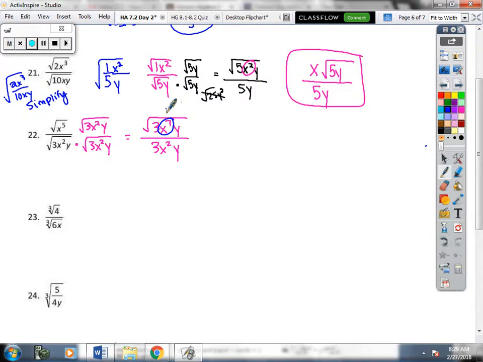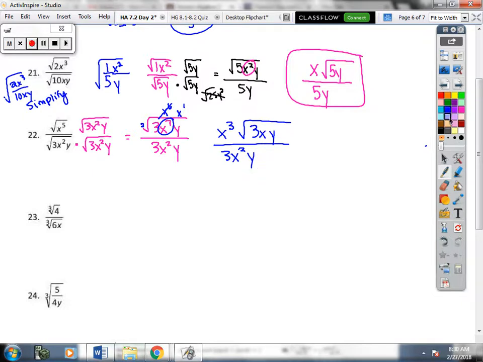So I can break that into x to the 6th and x to the 1st. And again, I'm doing that because my index is 2, and I need to divide by my index to get what I have. So I'm going to do 6 divided by 2, which is x cubed. Everything else will stay the same, and inside I'll have 3. I still have that x to the 1st, y, all over 3x squared y.